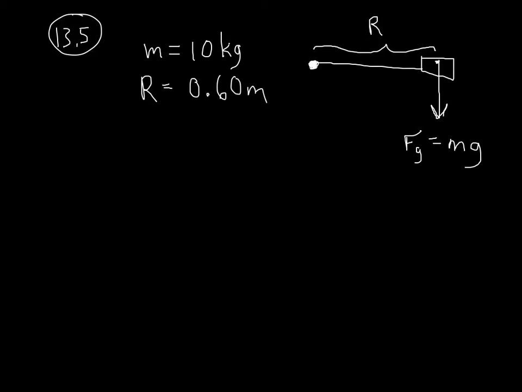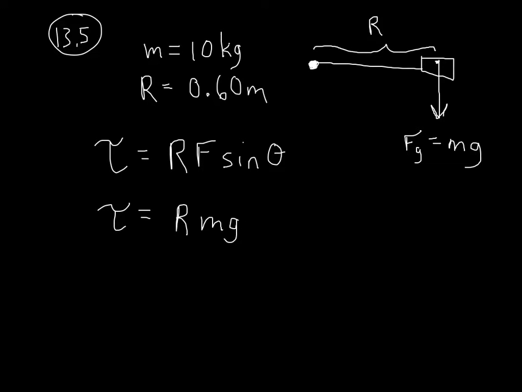So what is the torque? The torque, tau, is equal to r times F times the sine of the angle between the two variables, between the radius and the force. So my tau is equal to r times my force, which is mass times the acceleration due to gravity, the force of gravity acting on the book, times the sine of the angle between the two.